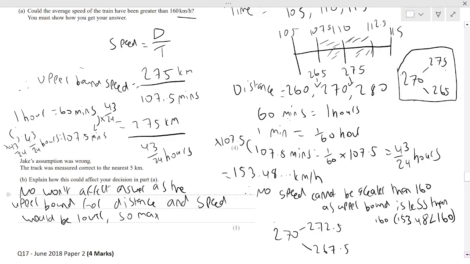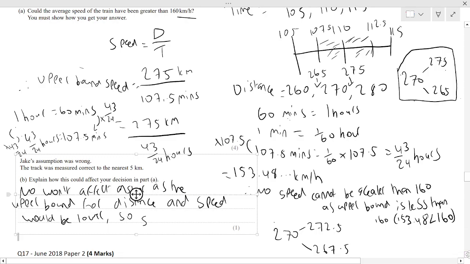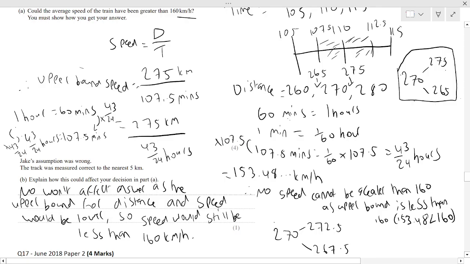So max speed, speed would still be less than 160 kilometers per hour, right? That won't affect the decision because the number is actually getting smaller.